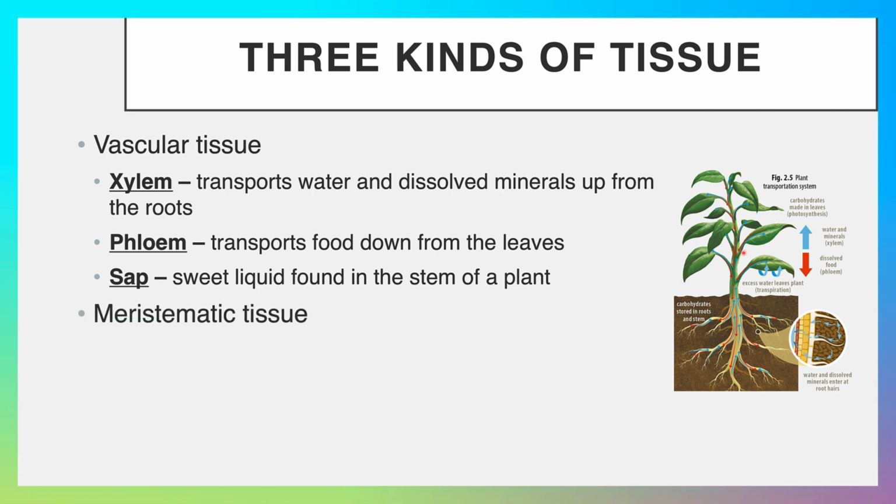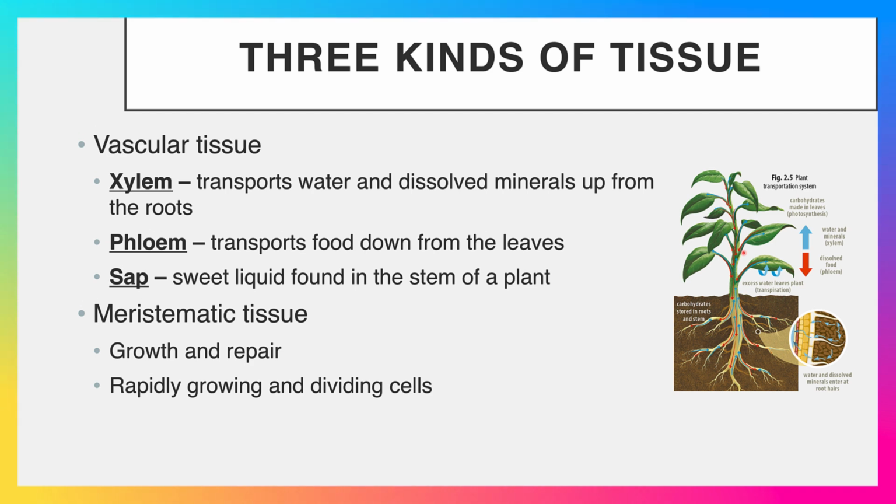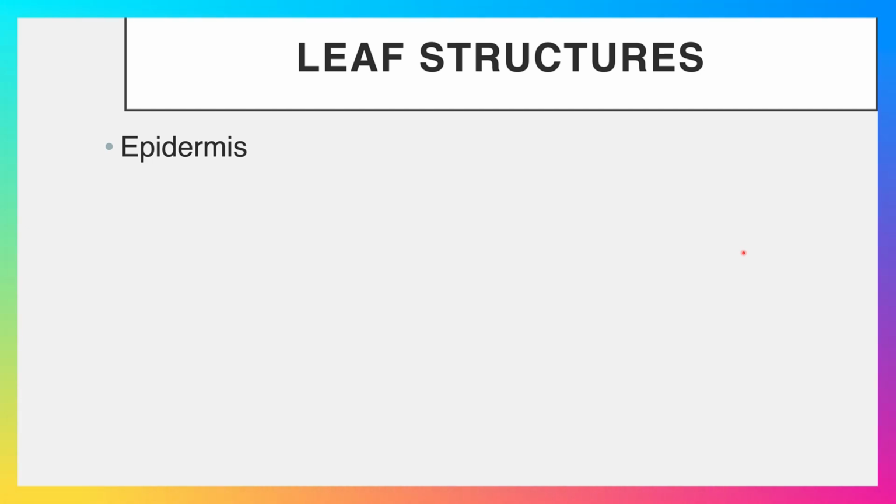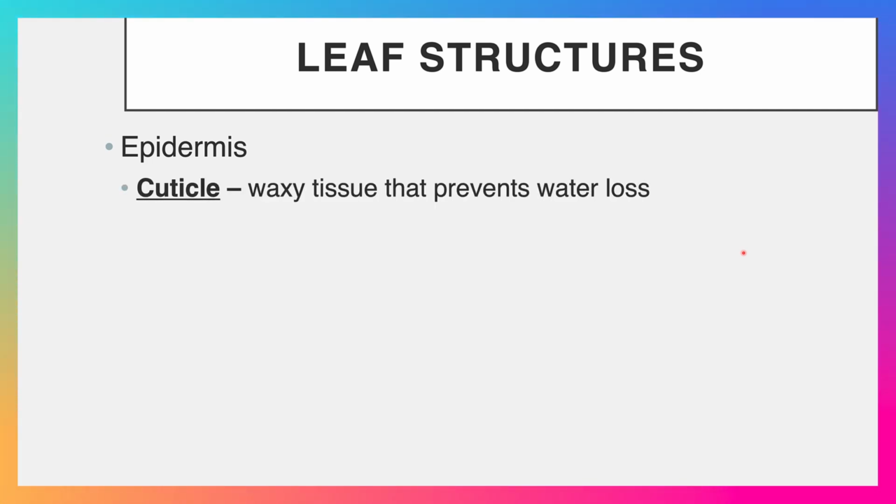The third kind of tissue is meristematic tissue, which is responsible for growth and repair of the plant. This is composed of rapidly growing and dividing cells. The leaf structures are as follows. The epidermis, which is on the surface of the leaf, is composed of a cuticle, which is a waxy tissue that is essentially waterproof and prevents the loss of water through the leaves.